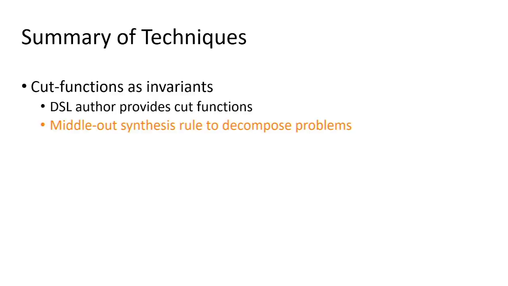Just to summarize, cut functions are these invariants that will help you break up your problem into two smaller parts. This is very much like what you would do in program analysis. If someone annotates an invariant in between, you can reduce it into two smaller problems. That's exactly what's happening. The other thing is that you can use cut functions to judiciously introduce incompleteness.